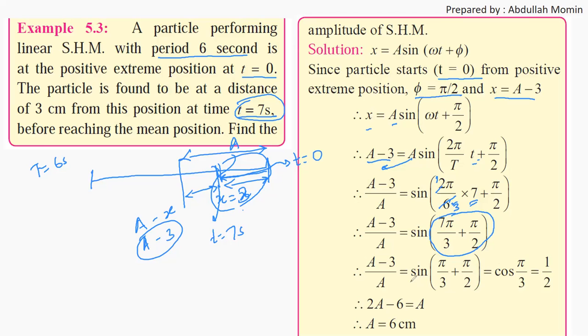That sine(pi by 3 plus 90) is cos theta, and cos pi by 3 means 1 by 2. So after solving this, we will get the amplitude as 6 centimeter.